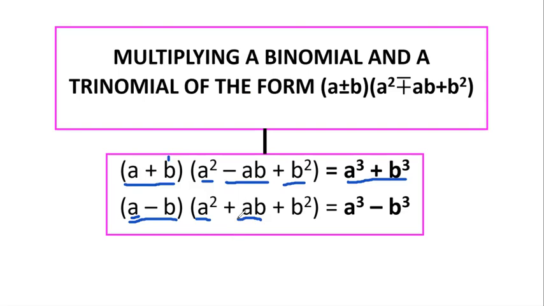Yung additive inverse. Okay? Then, if yung third term ng trinomial is the square of the second term of the binomial, which is positive B squared, if ito yung pattern, therefore, we will use A cubed minus B cubed to get the product of the binomial and the trinomial.